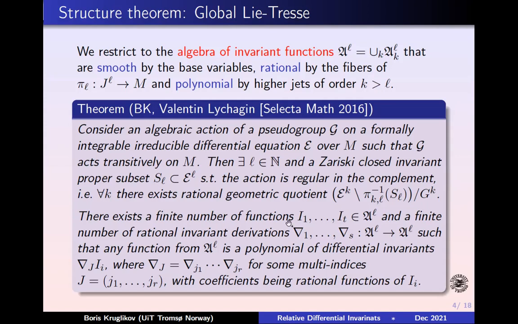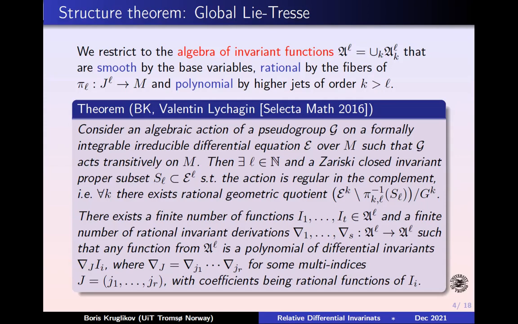Okay, and this means that there are some finite number of invariants from this algebra A_L, and a finite number of rational invariant derivations, derivations of this algebra, such that any function from the algebra of invariants is a polynomial in differential invariants which are obtained from this initial basis I_1 to I_T by invariant derivations.